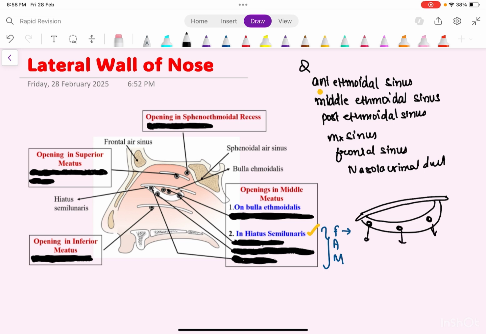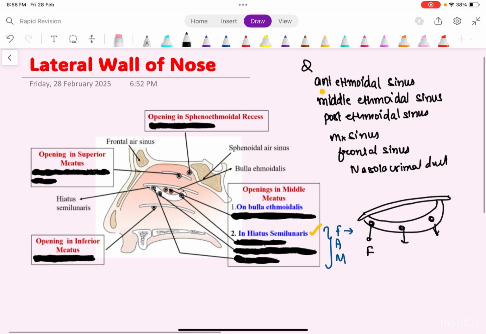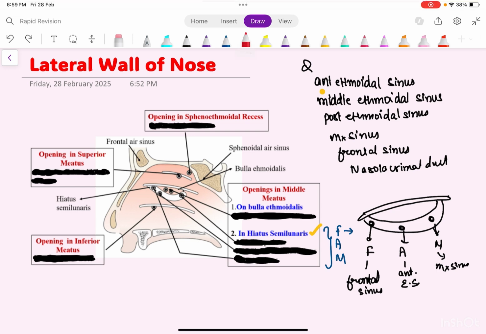Just go by the password: FAM. This is the frontal sinus, then we have the anterior ethmoidal sinus, and then we have the maxillary sinus. The most anterior part will be the frontal sinus, in the middle you will have the anterior ethmoidal sinus, and posteriorly you will have the maxillary sinus. You have to remember it in this way only.